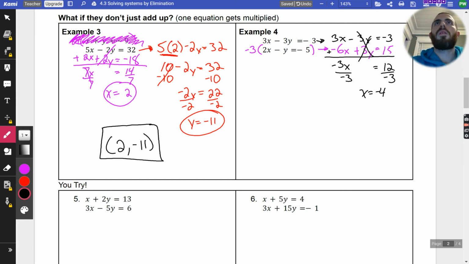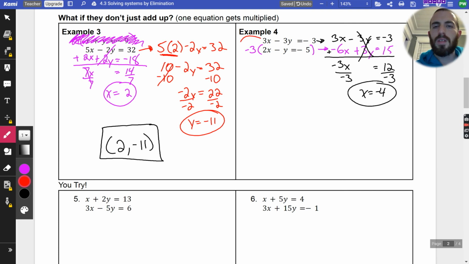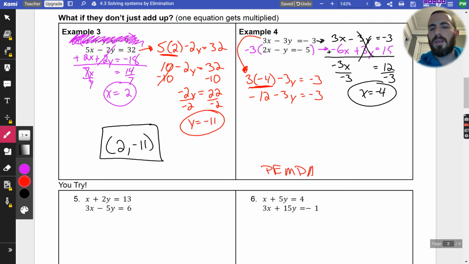So now what we're going to do is do the same thing we did in red on the last one. Let's just take the one we haven't touched, replace the x with negative 4. Now we simplify. So multiply these together, following order of operations, MDAS.